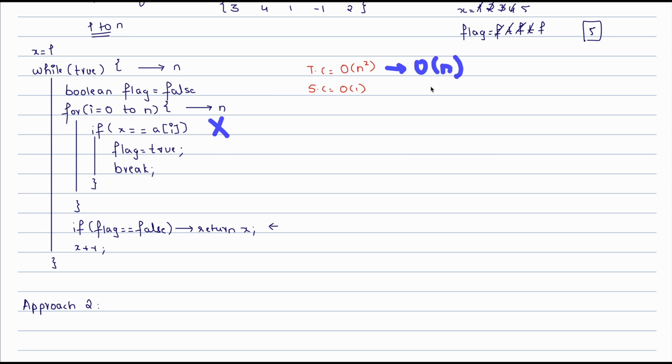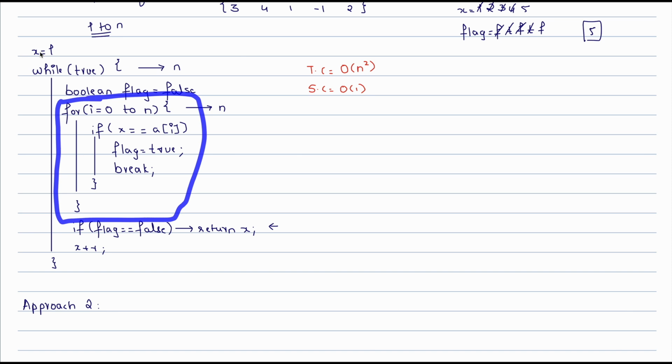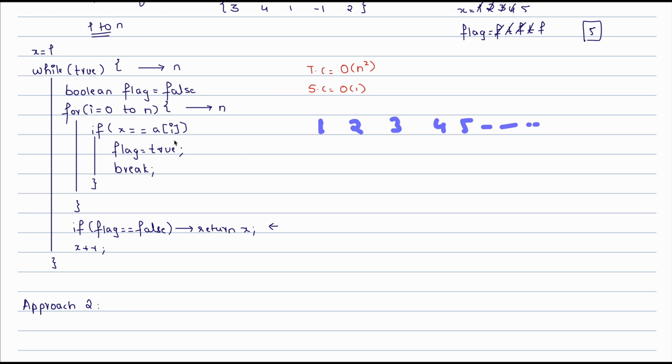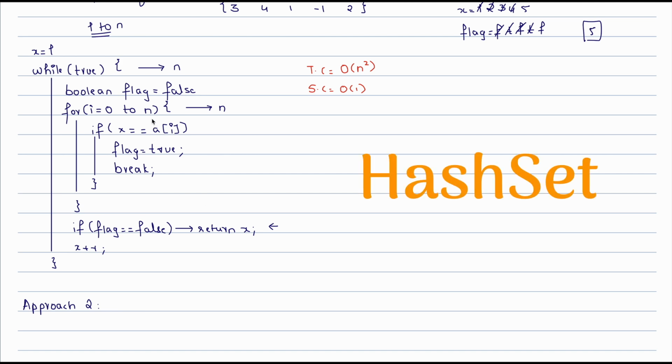What is this doing? It is searching for my value of x in the array every time: 1, then 2, then 3, then 4, then 5, and so on. So how can we eliminate this?